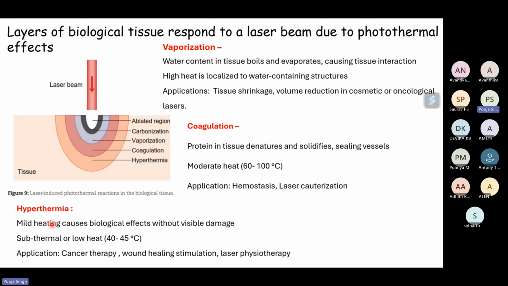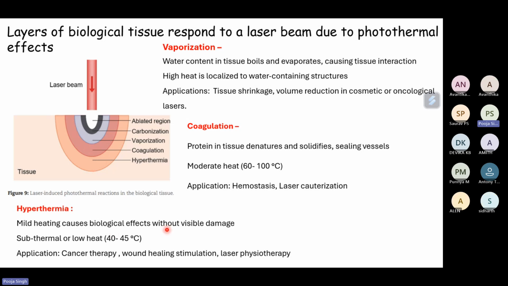You have very mild heating which causes a biological effect without visible damage. This kind of hyperthermia is used in cancer therapy and laser physiotherapy. These are all steps that occur when any photothermal effect is happening with the laser and tissue interaction.